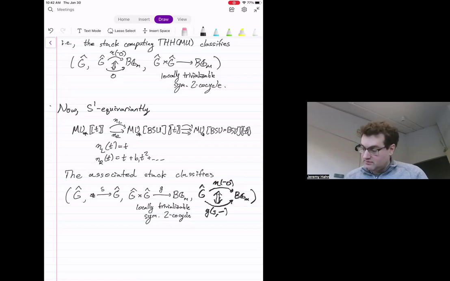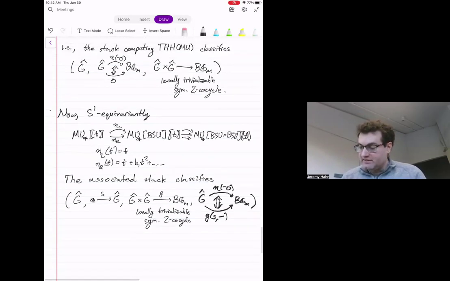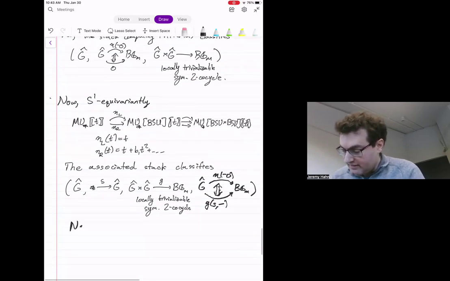So as a result of that, I would say that this is kind of an interesting picture where you can see this non-equivariant coordinate, a very familiar structure on a formal group, being deformed into some relationship between two line bundles, neither of which is zero. This is related to the fact that when you take the totalization, THH of MU hS1 is not an MU algebra.